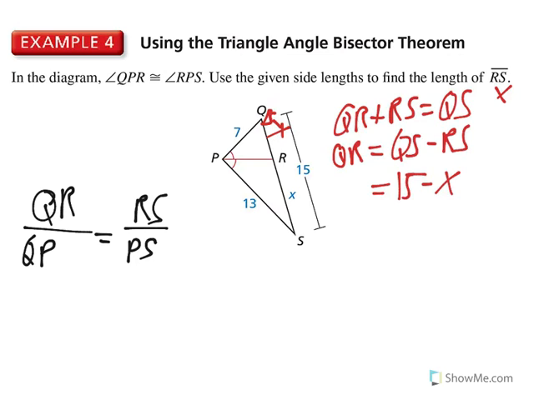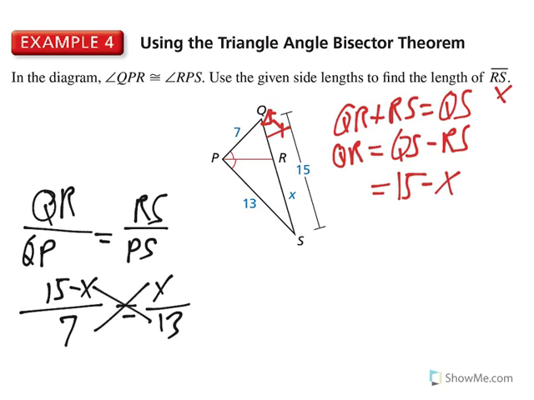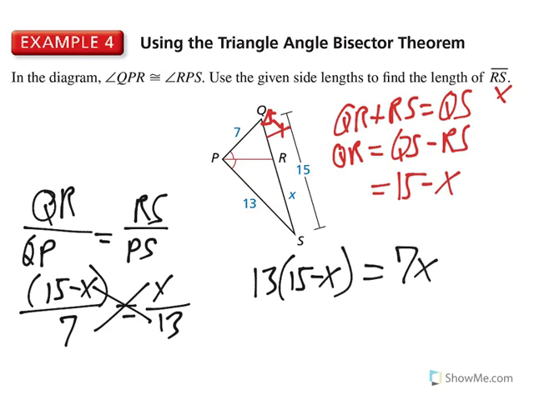So if we plug them in, QR is my 15 minus X, QP is 7, RS is my X, and PS is my 13. So I'm going to cross multiply. Anytime you have addition or subtraction when you cross multiply, you should put that section in parentheses. So I would have 13 times the parentheses 15 minus X equals 7X.